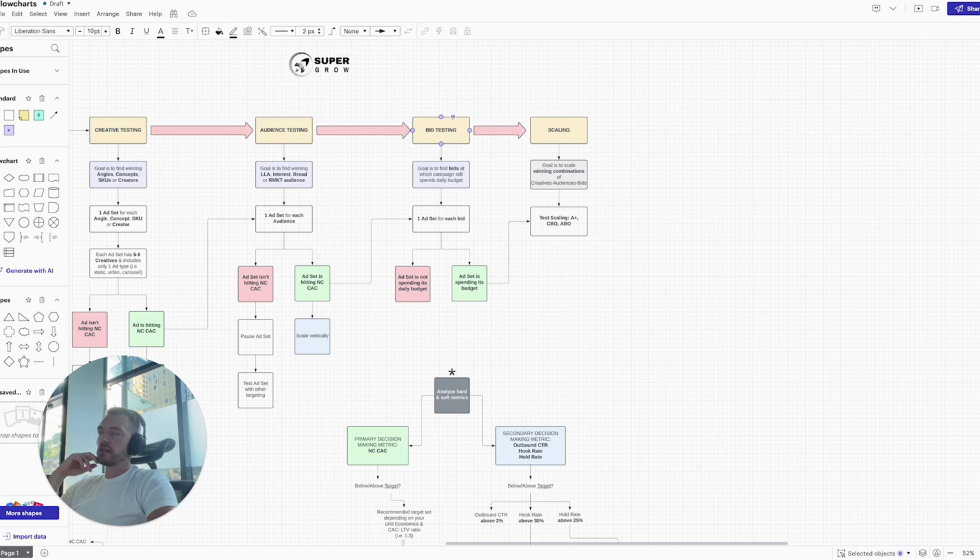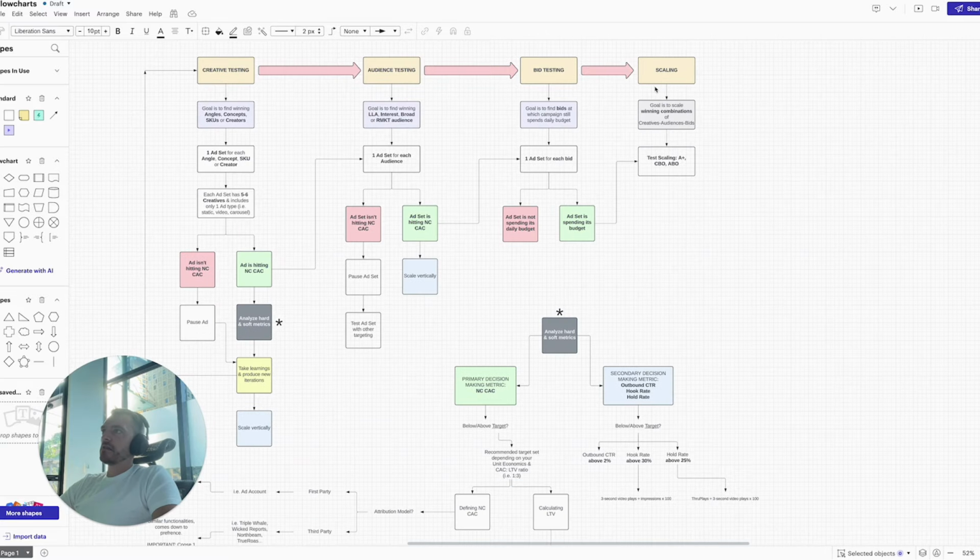Although I don't know if that's true for a fact, because I also use A plus exclusively for scaling, so I don't like A plus for testing. All the post IDs that I mature into the A plus campaign tend to have very good performance and have also been stress tested on a higher budget, which means it's most likely going to spend well. And the goal is to scale winning combinations of creative, audiences, and bids.